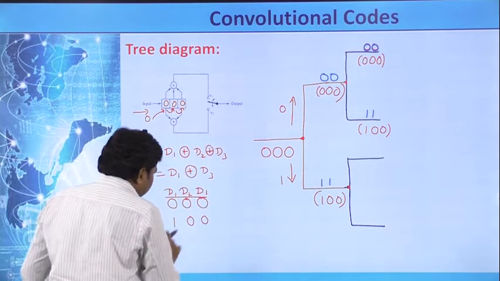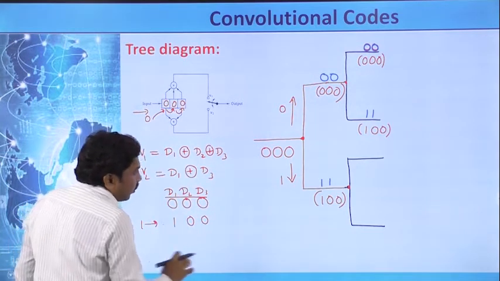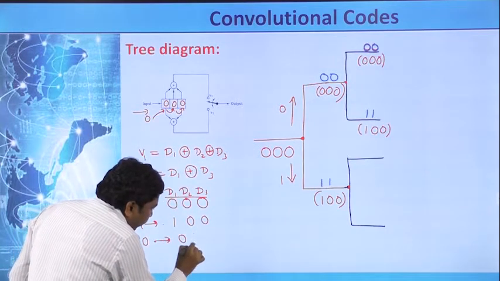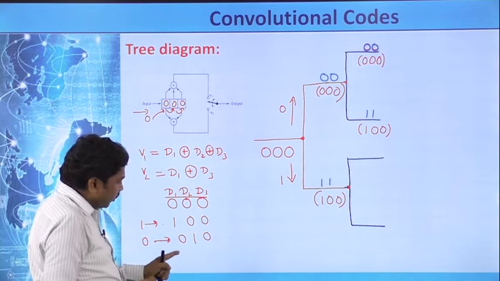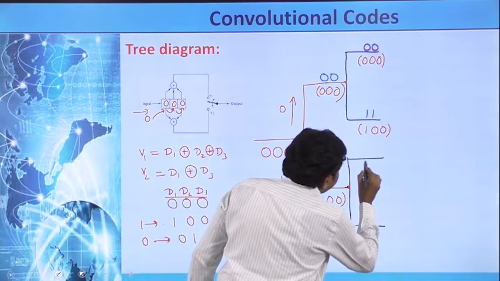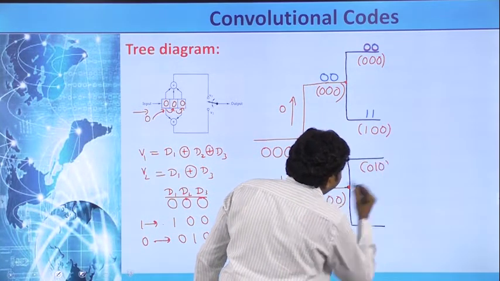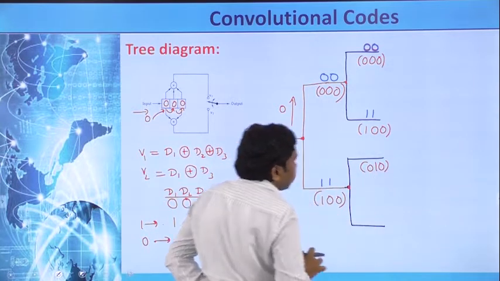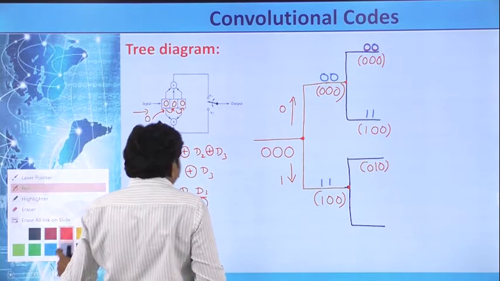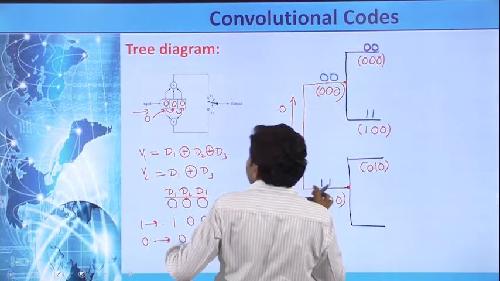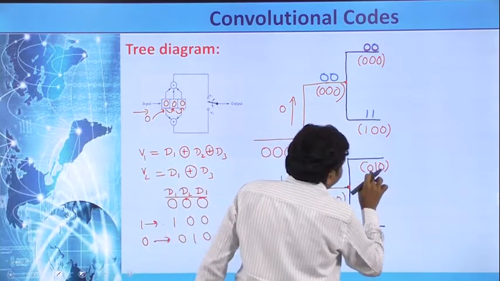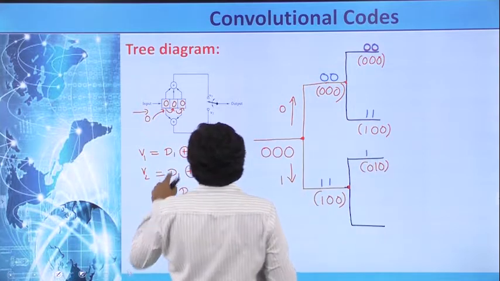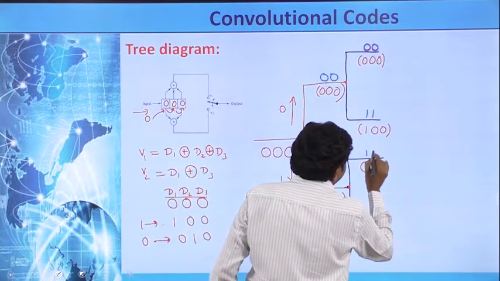If you apply 0 as the input, it becomes 0 1 0. So what are the output bits? 0 1 0 are the bits in the shift register. The output bits: V1 means the sum of these three, 0 plus 1 plus 0, it is 1. V2 means the first one and the last one, so 0 plus 0 is 0.